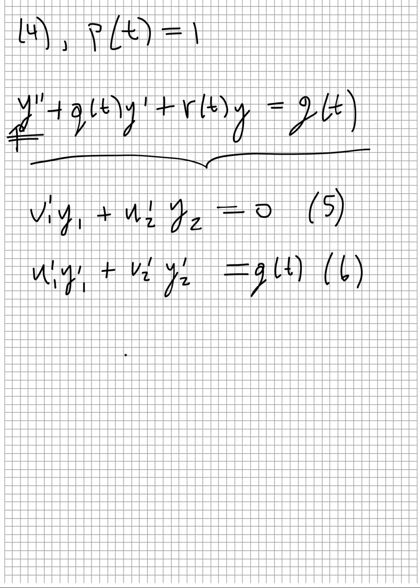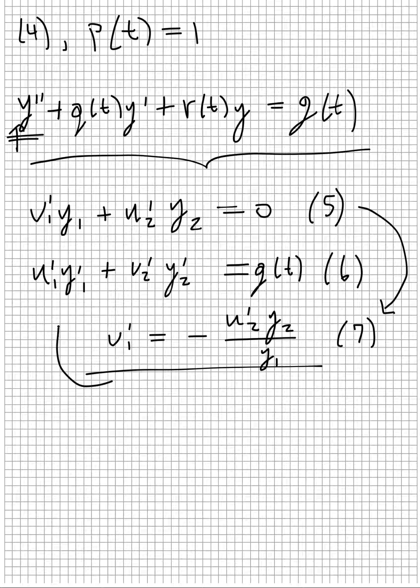So first, note that we can do the following: u prime 1 equals negative u2 prime times y2, all divided by y1. So this is equation 7. You could probably see that it comes from equation 5 up above after doing some simplification. And we're going to plug this into equation 6.